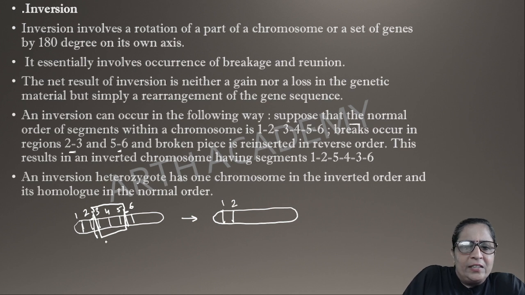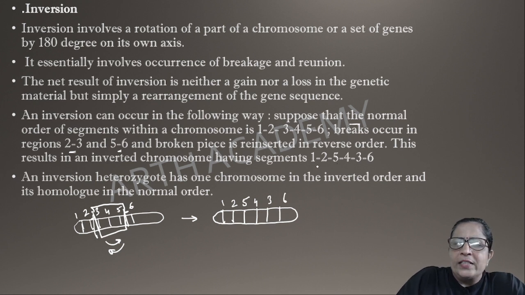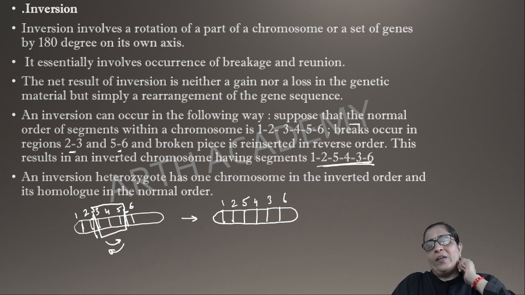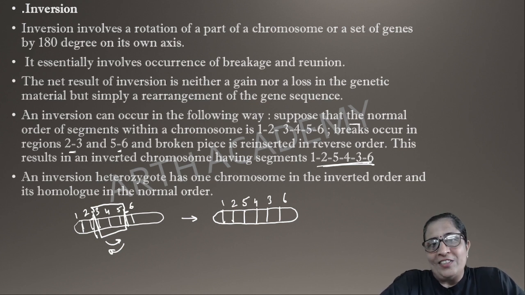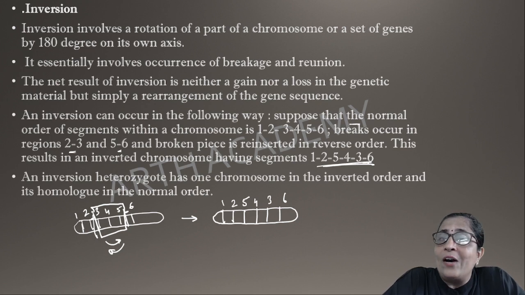Now here there is rotation, so what will come here, there will be 5, then it will be 4, and then it will be 3, and then here it is 6. So you can see the inverted chromosome will have the segment as 1 2 5 4 3 6. तो यहाँ पे लॉस नहीं हो रहा है, यहाँ पर गेन नहीं हो रहा है, बट यहाँ पर क्या हो रहा है, it is rearrangement.